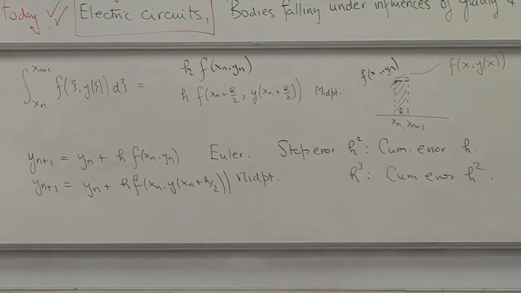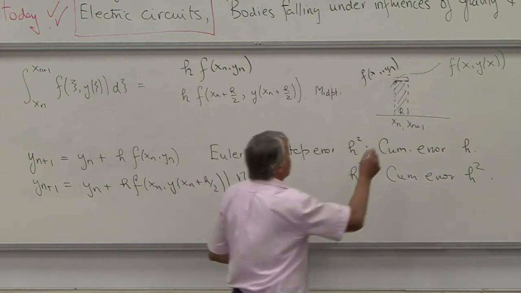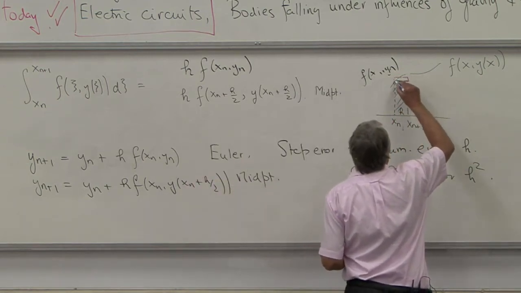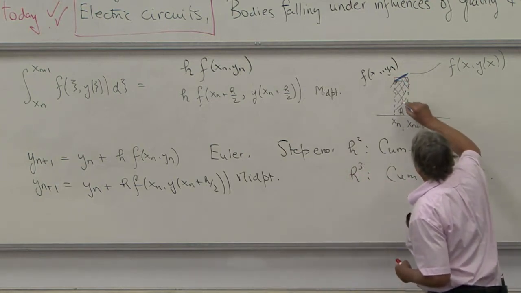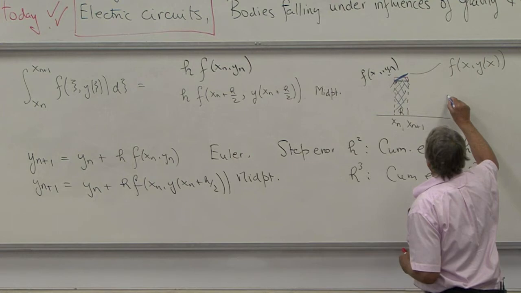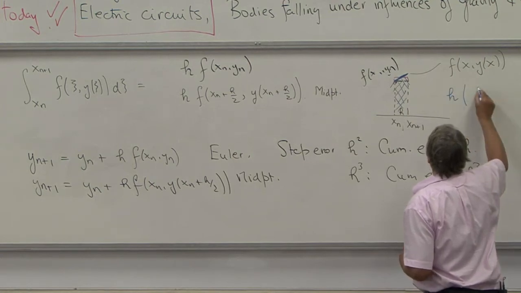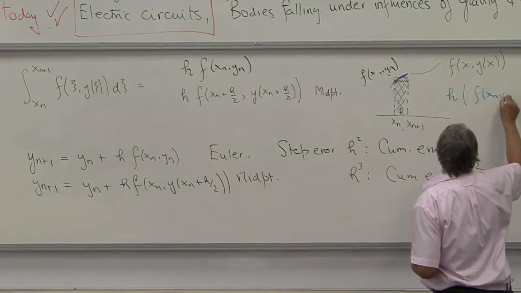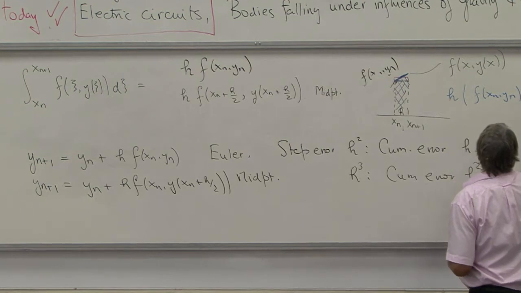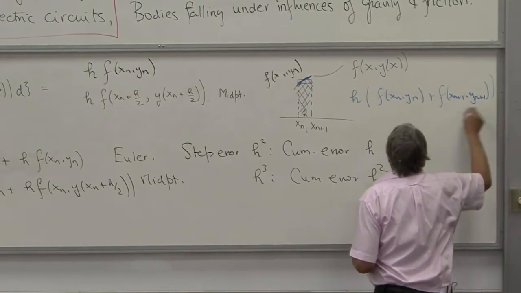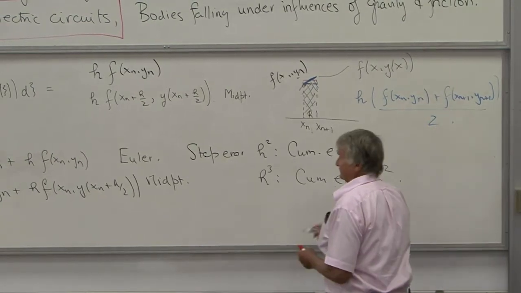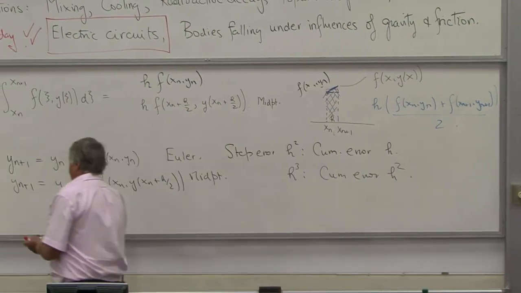Trapezoid. Absolutely. The trapezoid. What we'd do is we draw a straight line between those two, and then the blue area is h times f at xn, yn plus f at xn plus 1, yn plus 1, over 2. Okay? So that's trapezoid.